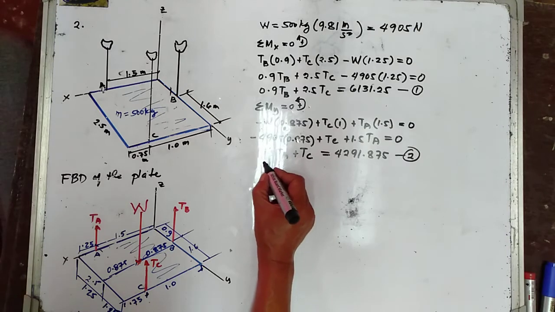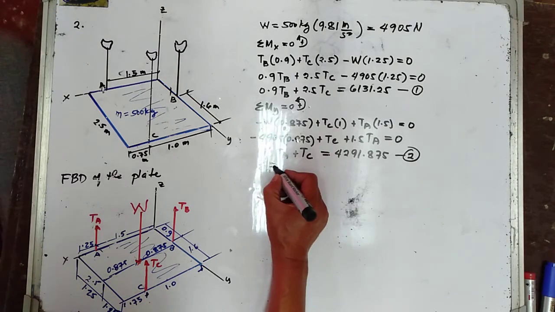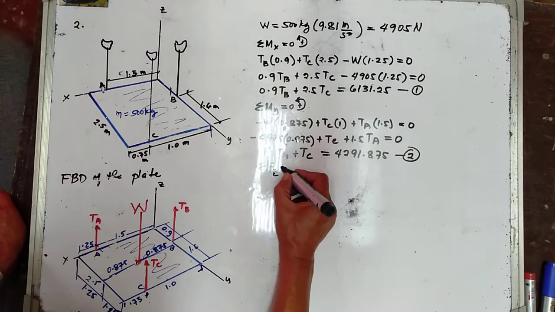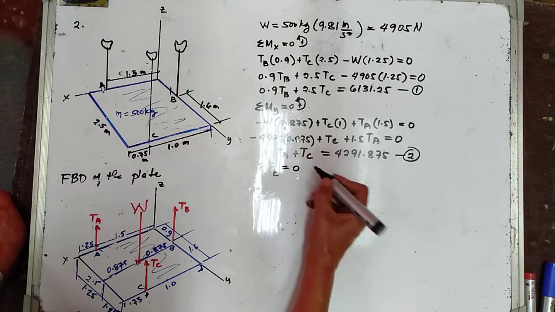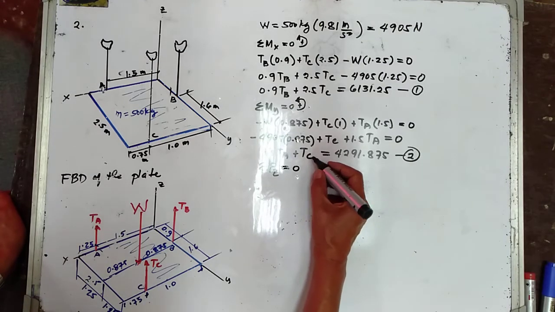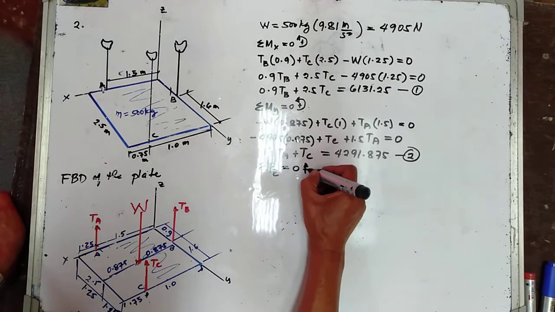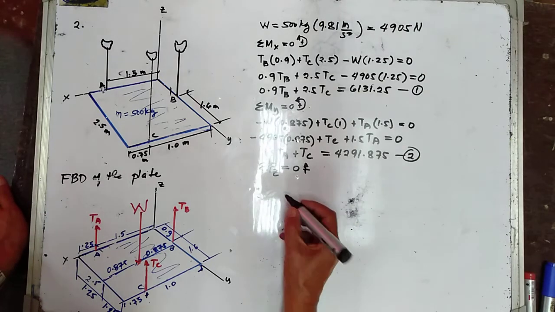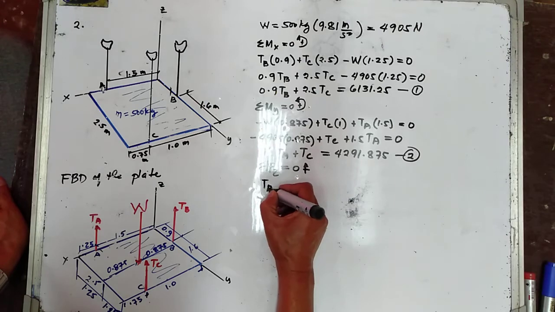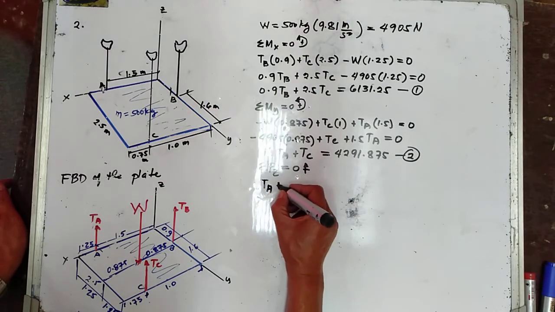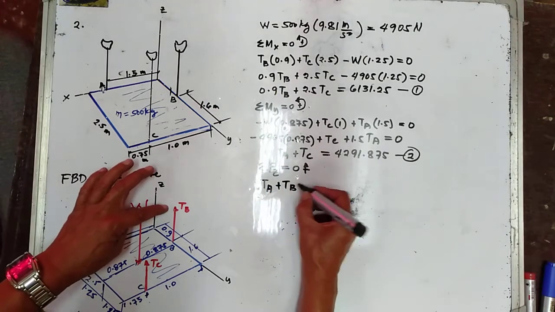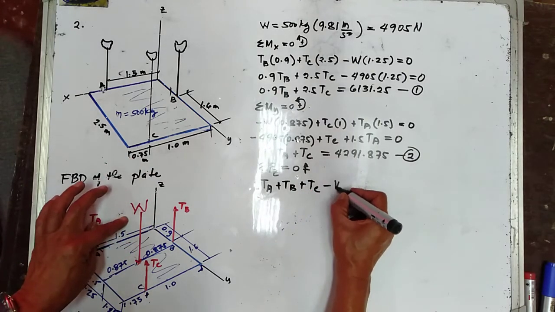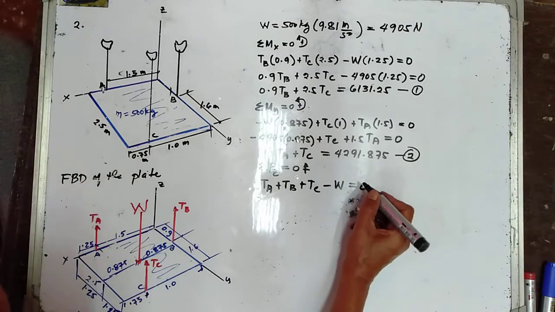Next, summation of forces in the direction of Z is equal to 0. Upward forces positive. So we have TA plus T sub B plus T sub C minus W is equal to 0.